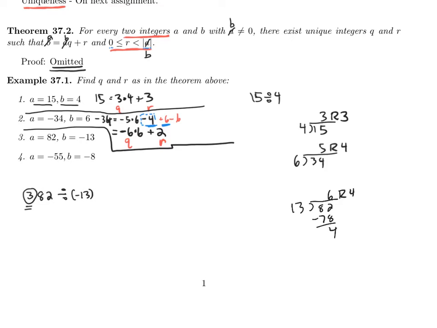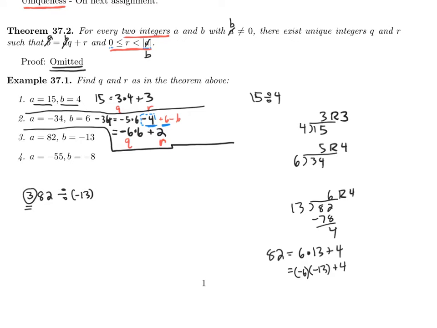Well, this means that 82 is 6 times 13 plus 4, that regular old division. But I want negative 13 here. So I can write this as negative 13 and change this to a negative 6. And my remainder here remains positive.